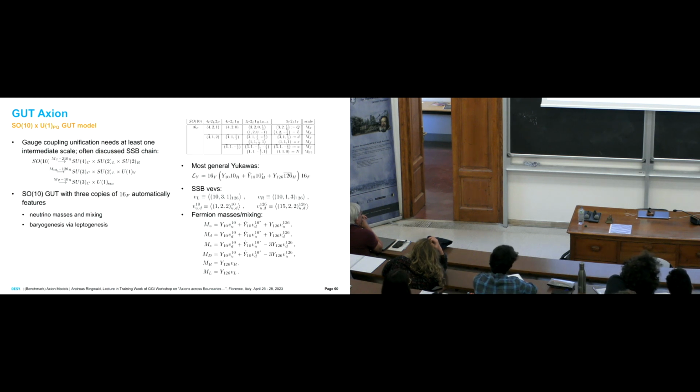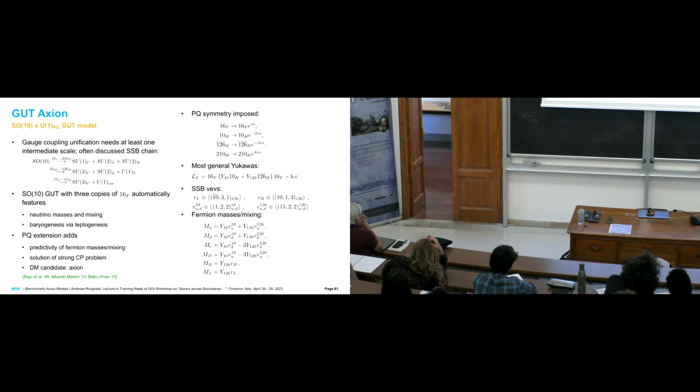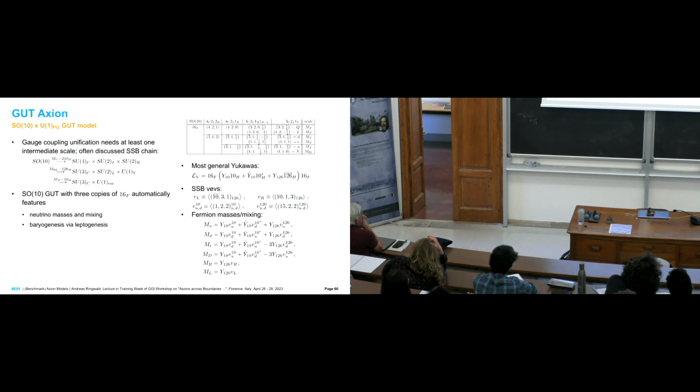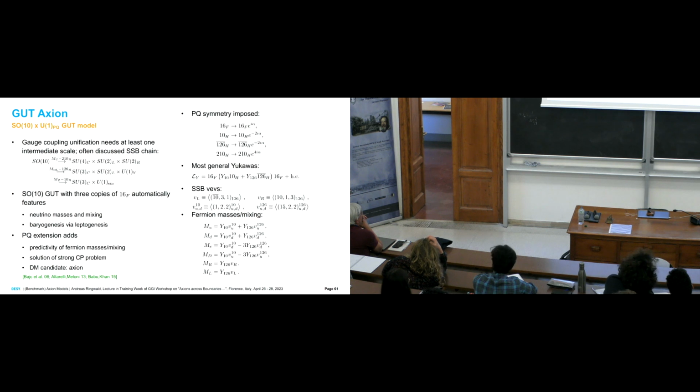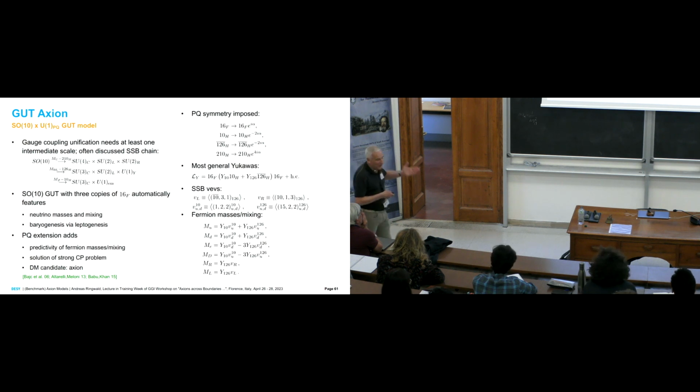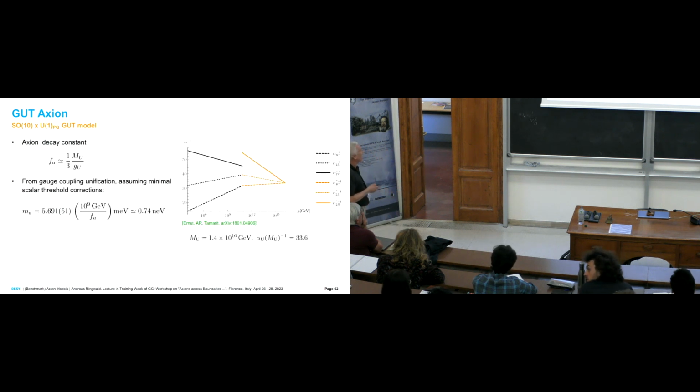You see there's one term less, and the fermion masses and mixing get much simpler. So this is a nice additional feature of the Peccei-Quinn extension. It adds predictivity of fermion masses and mixing. It gives, of course, a solution of the strong CP problem and a dark matter candidate, the axion, and it also gives a prediction of the axion mass.